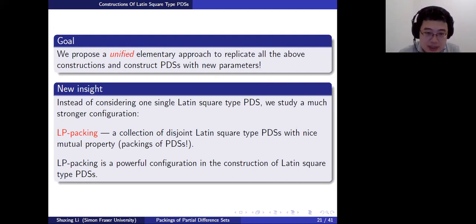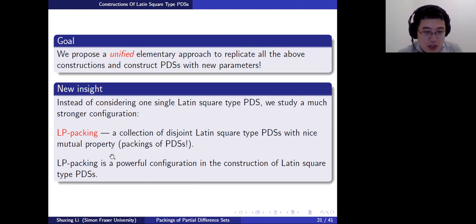Instead of considering one single Latin square PDS, we should study a much stronger configuration named LP packing. It is a collection of disjoint Latin square PDS with nice mutual property. So we consider a much stronger object, and this LP packing is a packing of partial difference sets, which reflects the title of this talk.